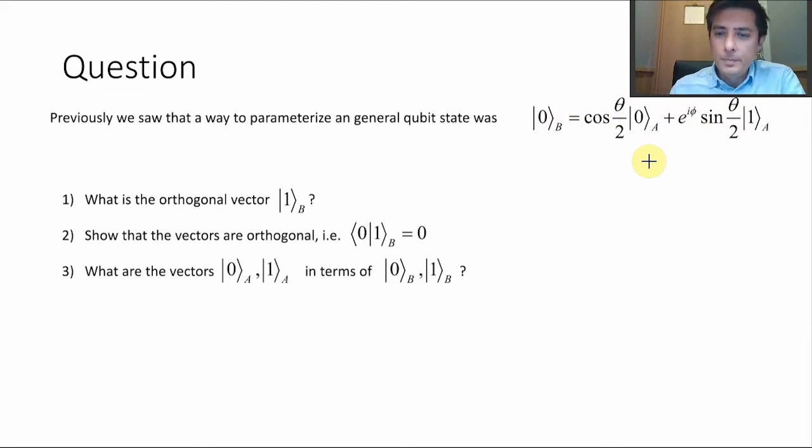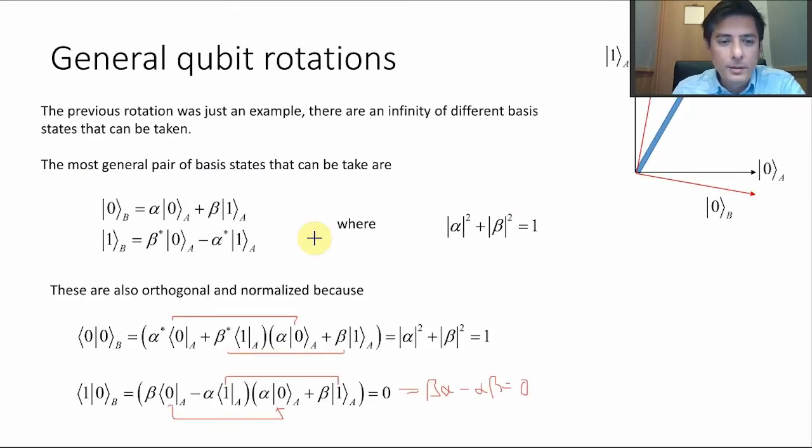The trigonometric relations guarantee that this is always normalized, right? Okay, so let's just go through a couple of these questions. So what is the orthogonal vector 1? We just follow this formula on the previous page. So what we need to do to get the orthogonal vector is to swap these, put a complex conjugate on it, and then put also a minus sign here.